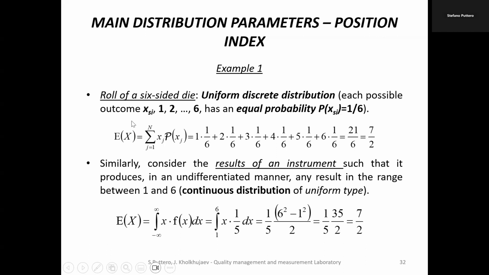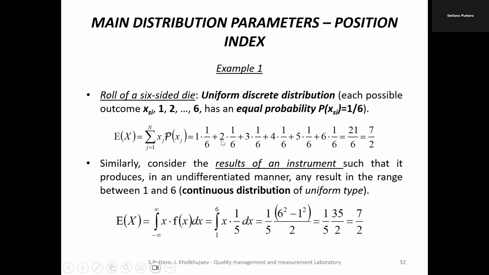By using the definition of expected value, we know that in the case of a discrete random variable we have to take the mass point and multiply it by its probability, so 1 multiplied by 1/6, and sum all the possible outcomes. Here we have side 1 multiplied by its probability, 1/6.